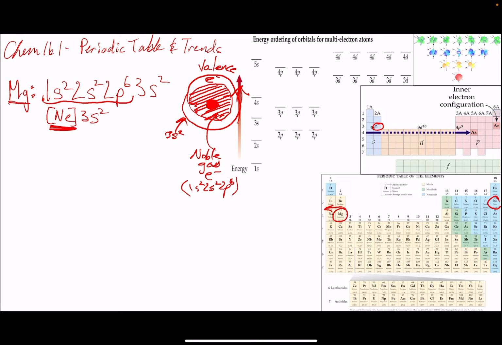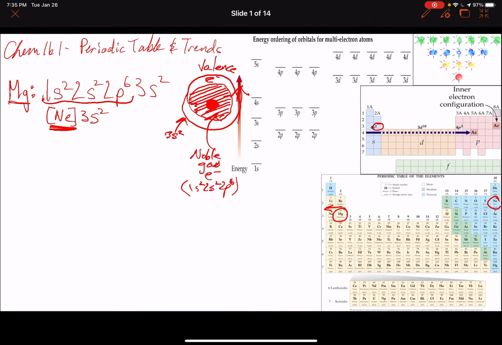To rationalize atomic size trends, we want to develop an understanding for how the nucleus, with its positive charge from all the protons, has to interact past the noble gas core and finally attract electrons at the periphery.